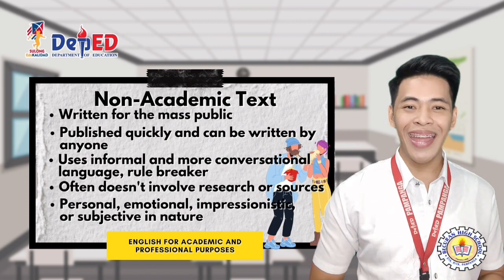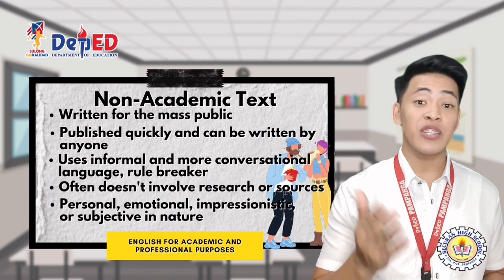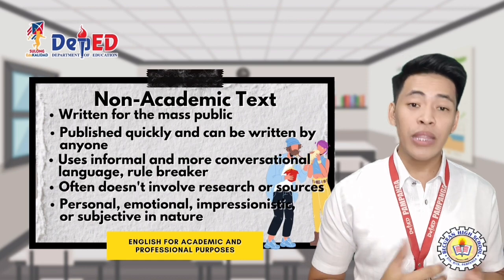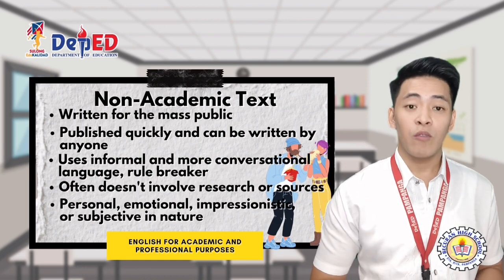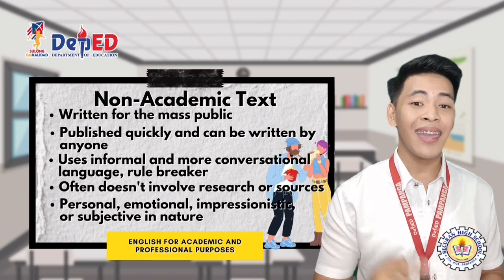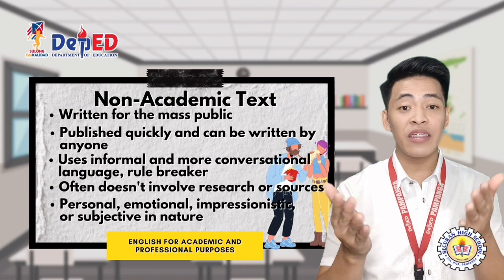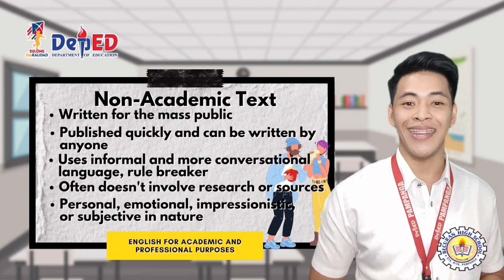Moving on, and finally, non-academic text can be subjective because it is used to express emotions and opinions towards a particular topic, wherein you can be biased on your own beliefs or on your own opinions, unlike academic texts. Because in academic text, you are to present all sides of the story.